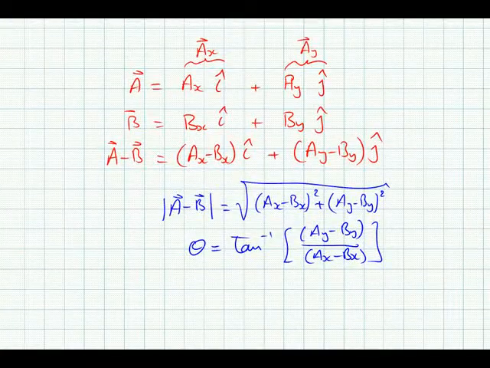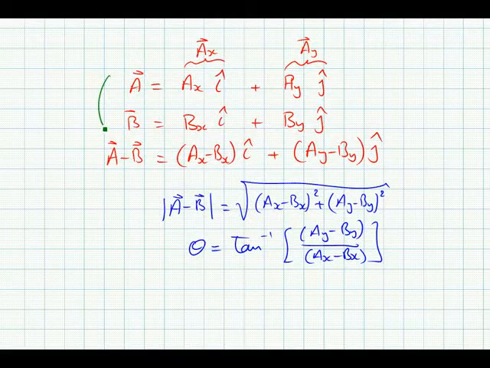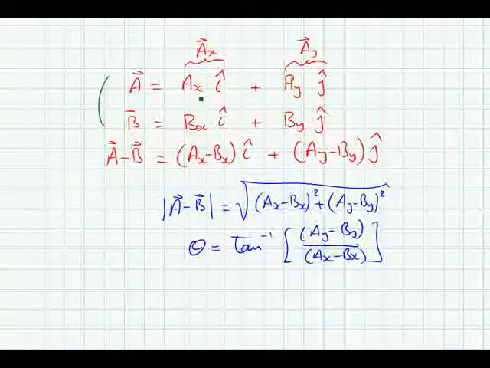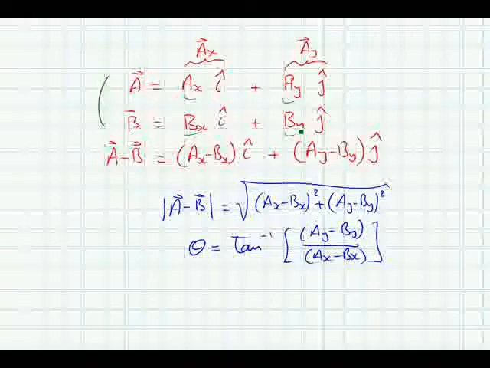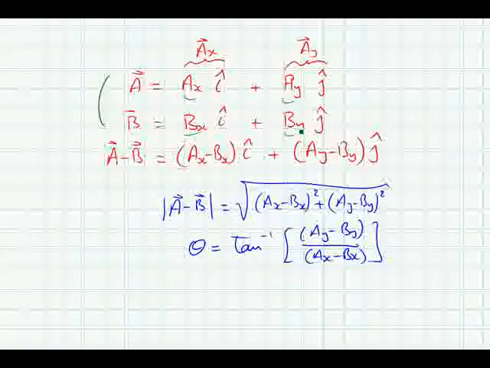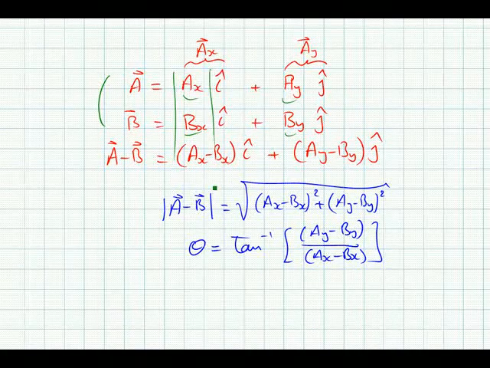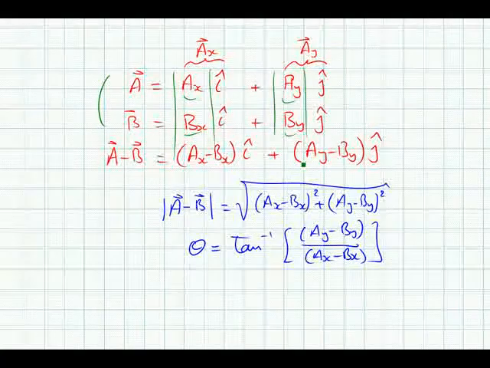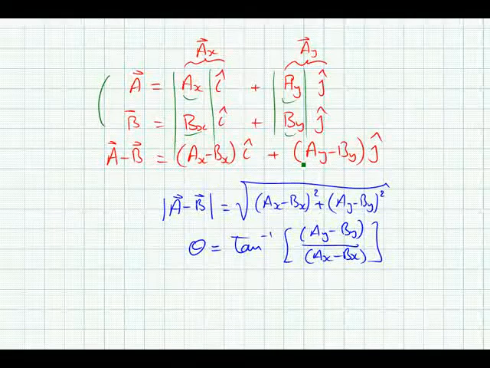And to reiterate, if you're adding or subtracting two vectors a and b, where you know the ax, ay and bx, by, the respective components along the x and the y directions, then simply sum up the x's and y's to get the respective x and y components of the resultant vector.